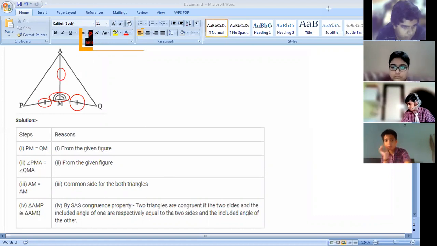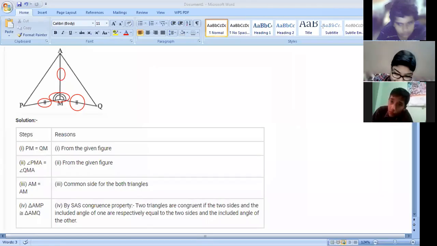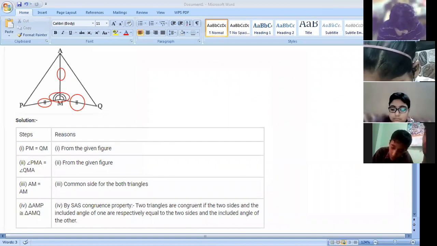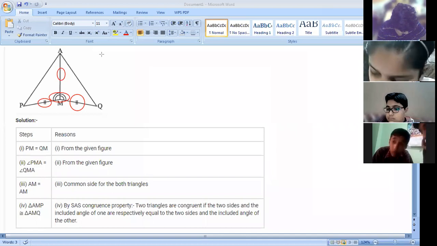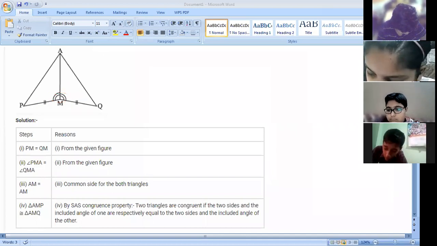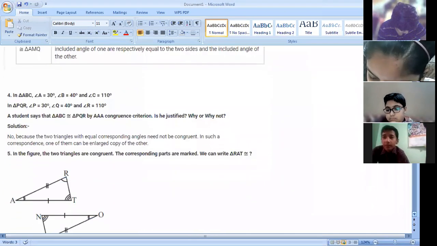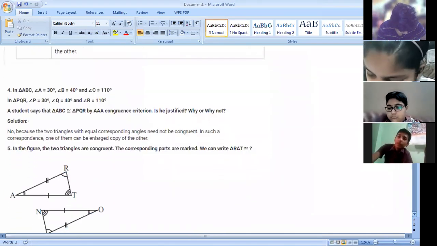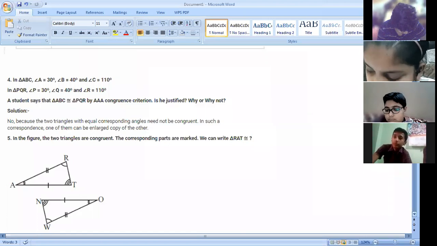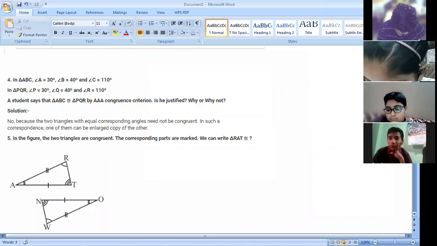Clear now? So in triangle ABC, angle A is equal to 30 degree, angle B is equal to 40 degree, and angle C is equal to 110 degree. In triangle PQR, angle P is equal to 30 degree, angle Q is equal to 40 degree, and angle R is equal to 110 degree.